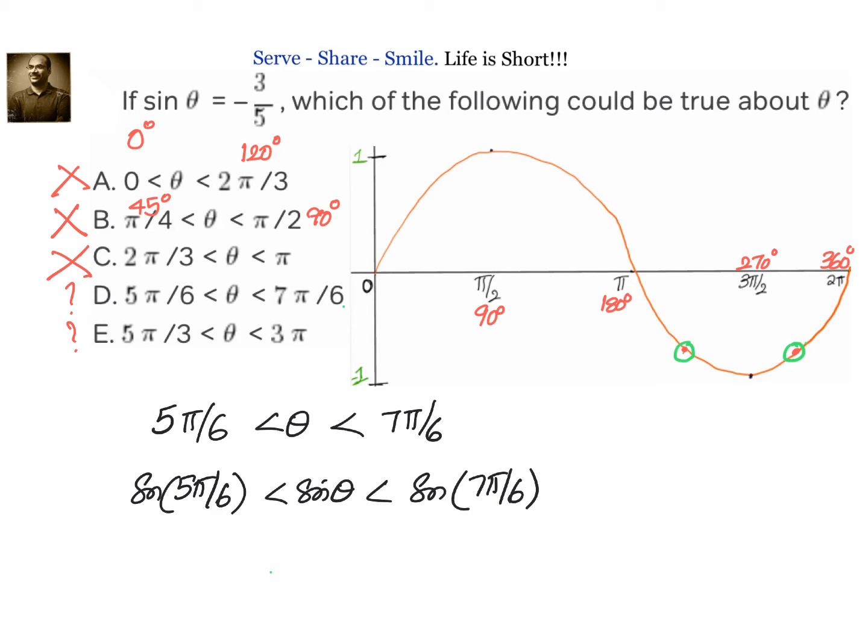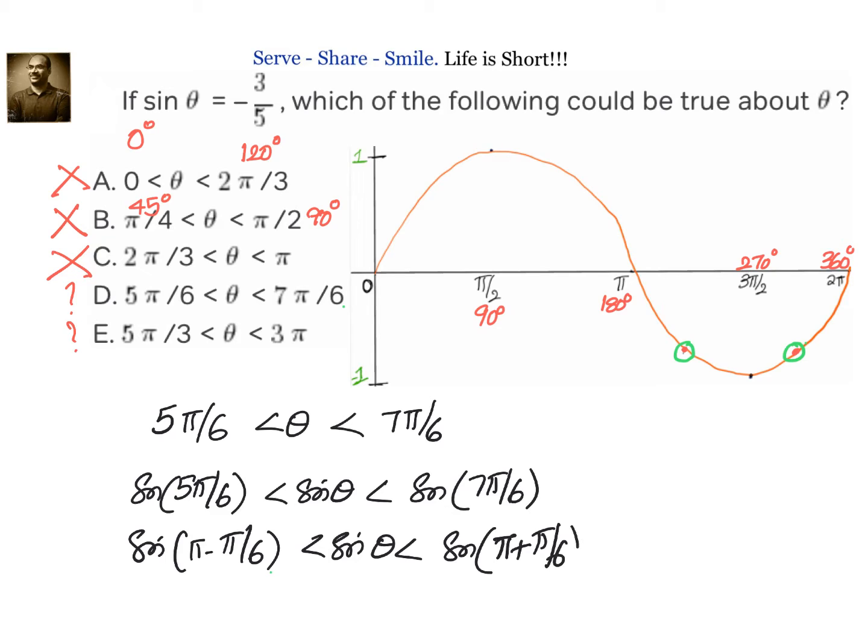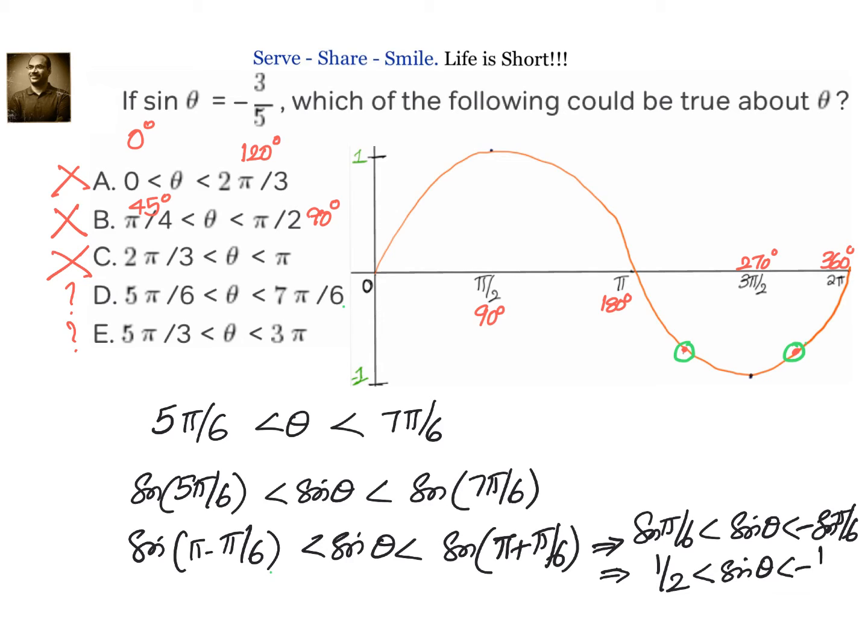What is sine 5 pi by 6? That is sine of pi minus pi by 6 is less than sine theta is less than sine of pi plus pi by 6. We know that sine of pi minus theta is sine theta, so that is sine pi by 6 is less than sine theta is less than minus sine pi by 6. That is equal to 1 by 2 less than sine theta less than minus 1 by 2.